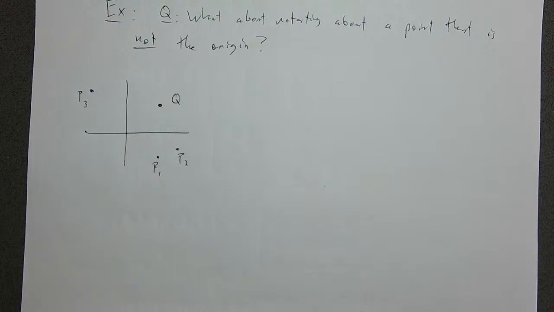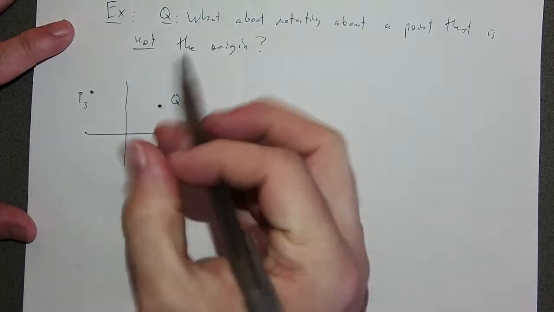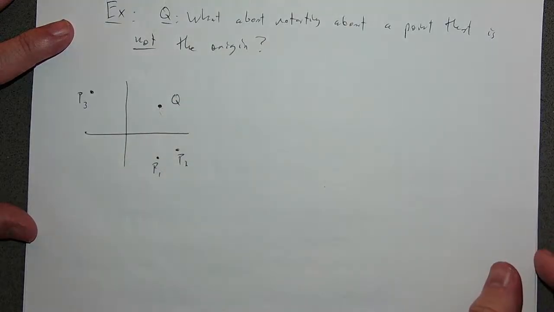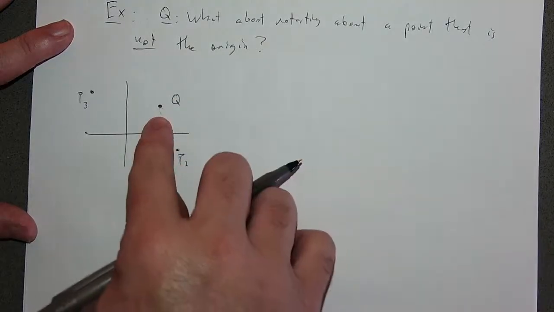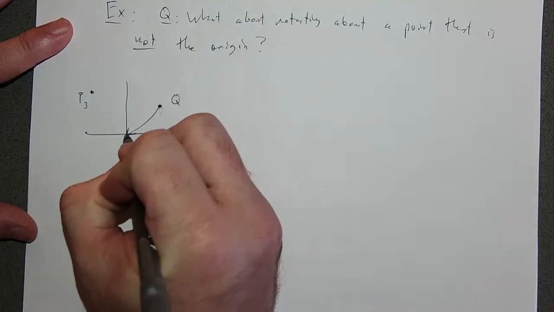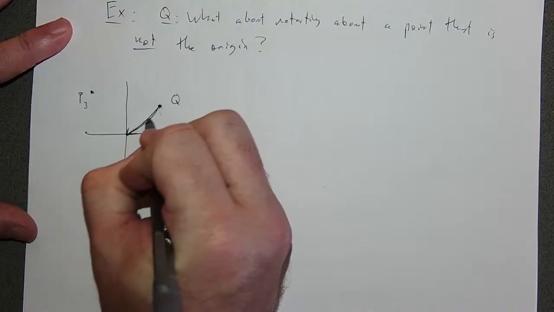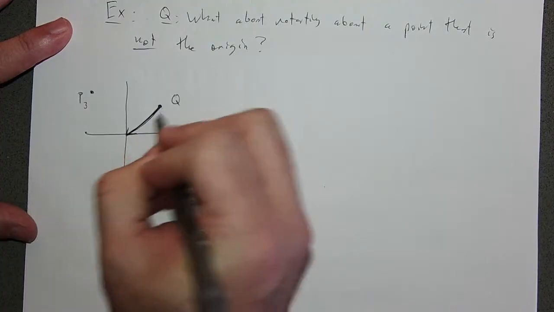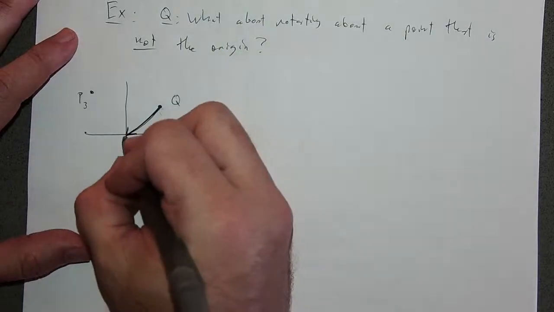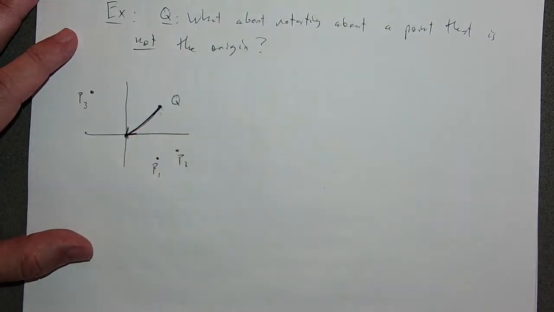Well, you may have already figured it out by just thinking about this. There is a unique vector that specifies this here. I can draw in this vector that points from Q toward the origin, and for any given point Q, I know what that vector is.